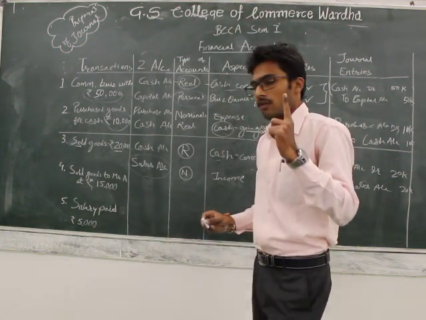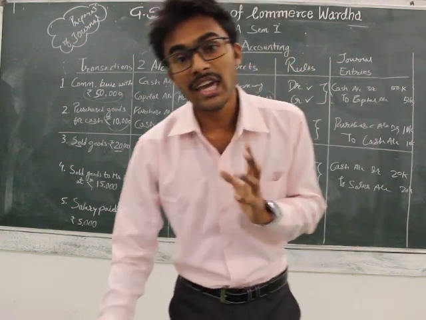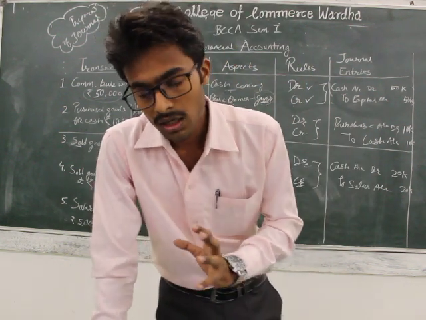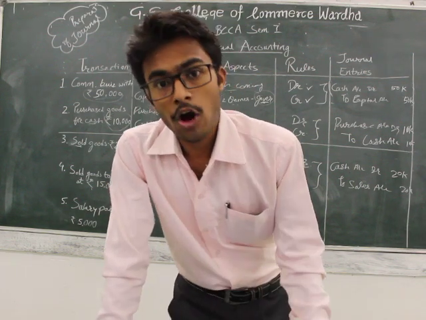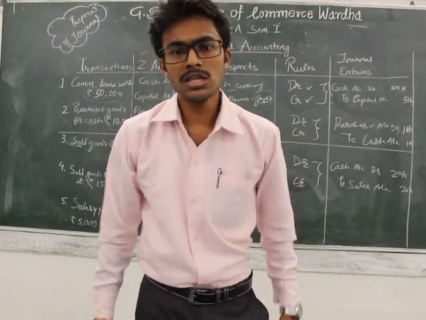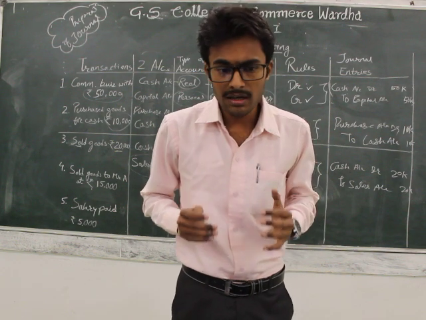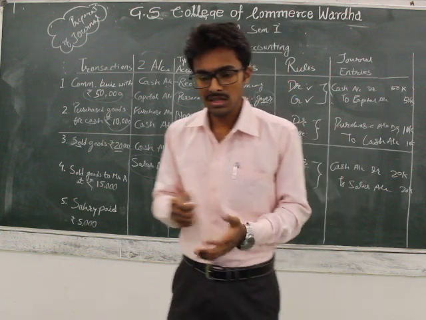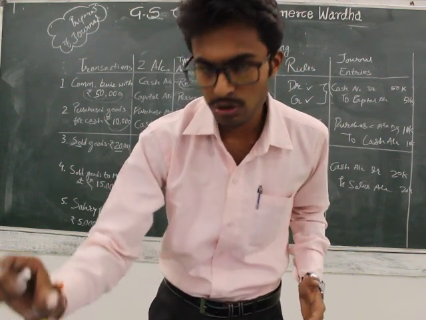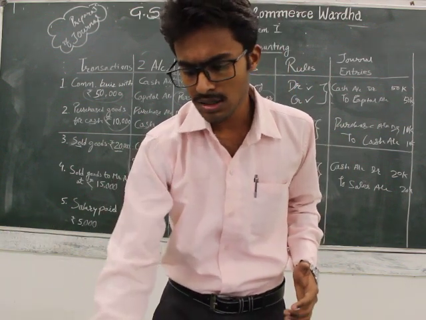The first is a cash transaction, where we transact goods on a cash basis. Cash basis means we have paid cash or received cash immediately. Immediately means I have purchased and paid as soon as possible.